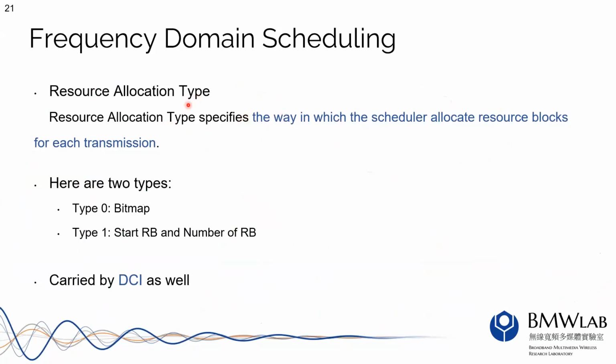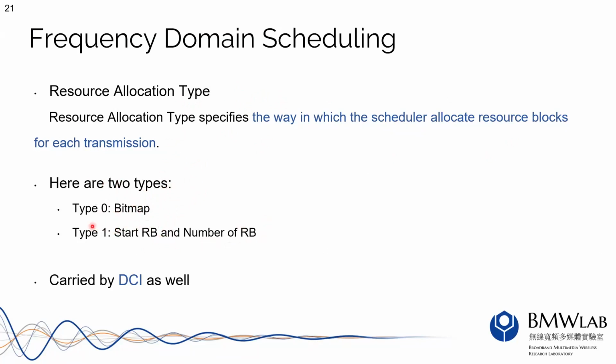Actually, it has two ways to allocate the PRB. One is to use a bitmap data structure to indicate the location of the PRBs, and another one is to indicate the start RB and the number of RBs.